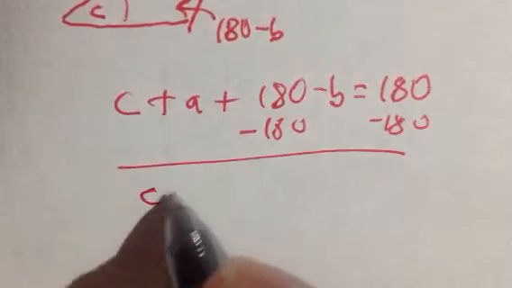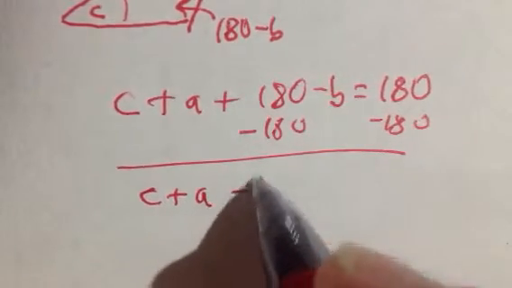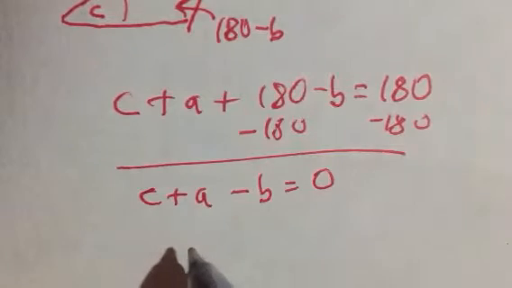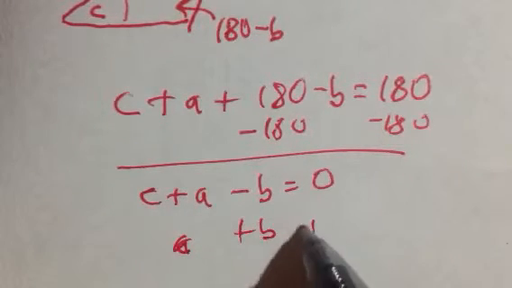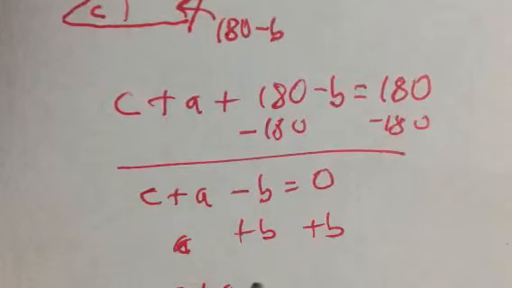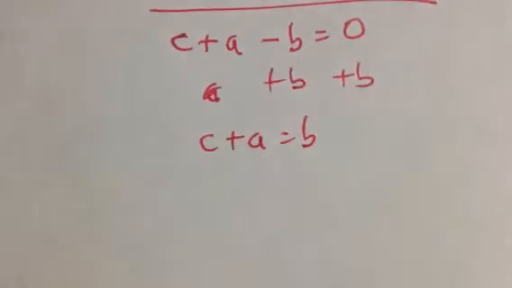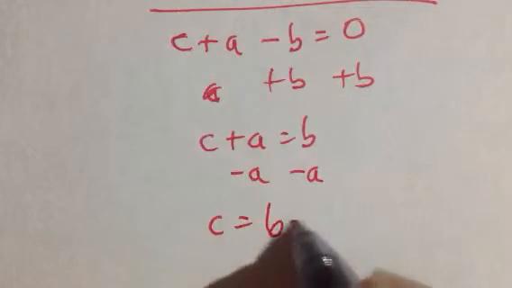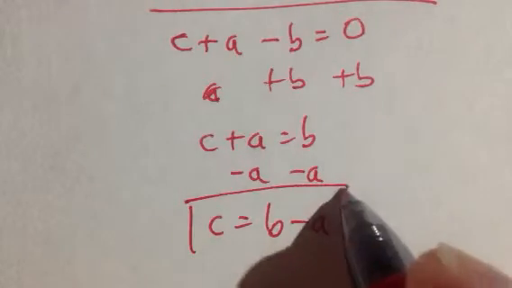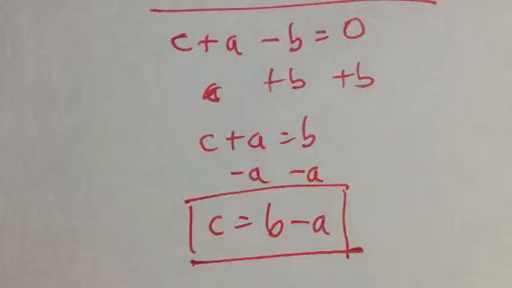That gives us C plus A minus B equals 0, or C, if we add B to both sides, we get C plus A equals B. And then if we subtract A from both sides, we get C equals B minus A.